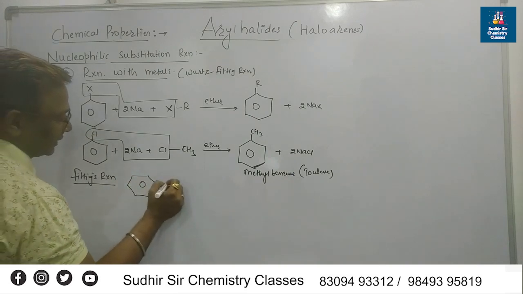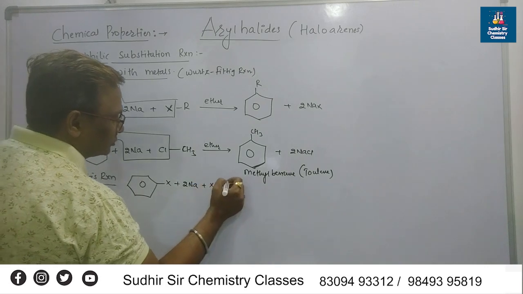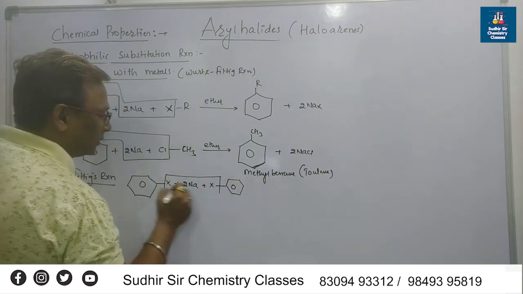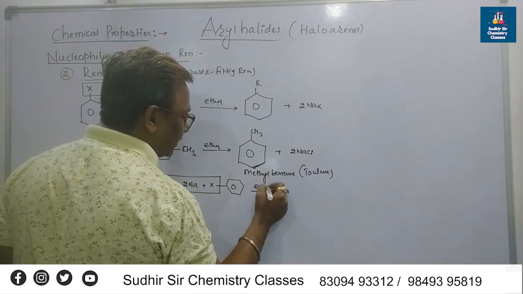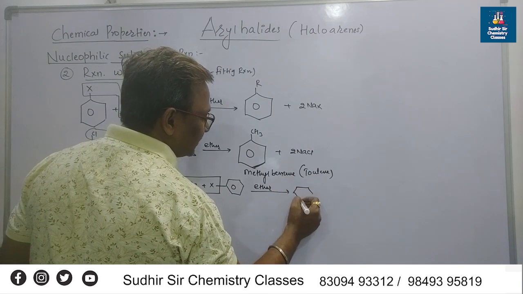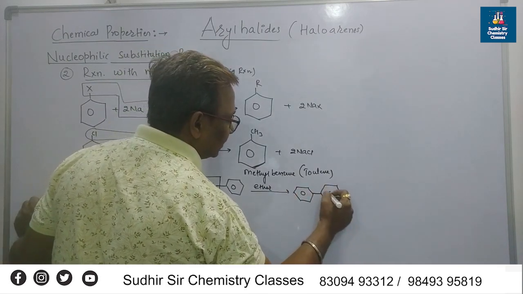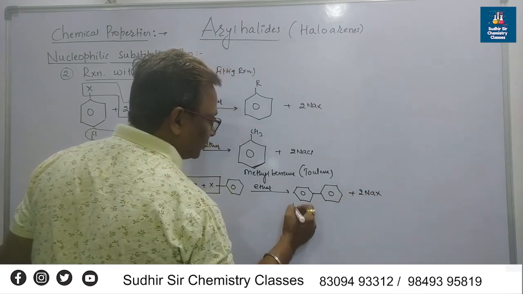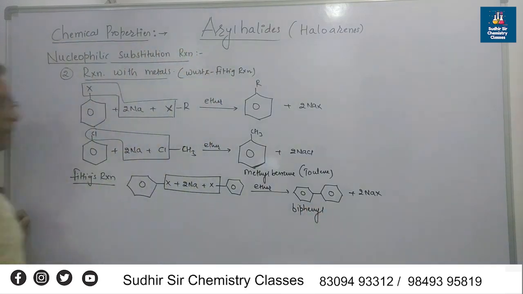See here, this is the aryl halide, then 2 moles of sodium, and 1 mole again of aryl halide. Halogens came out. What is that, beta? Reaction will take place in presence of medium as ether. This benzene ring will attack on the other benzene ring. Even 2NaX came off. But this will be called biphenyl. It will be called biphenyl.